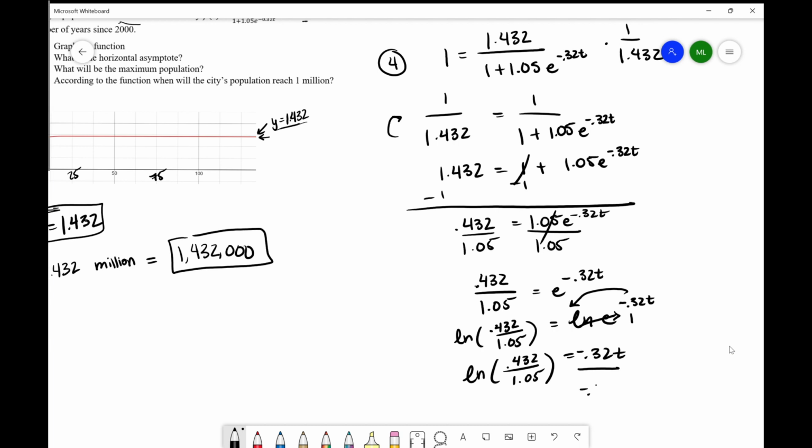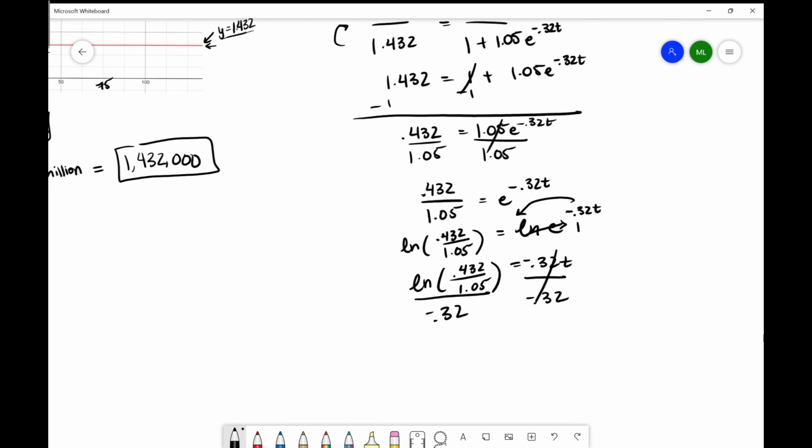Divide by negative 0.32 on both sides. Then you are left with t on its own. So t is equal to the natural log of 0.432 over 1.05, over negative 0.32.